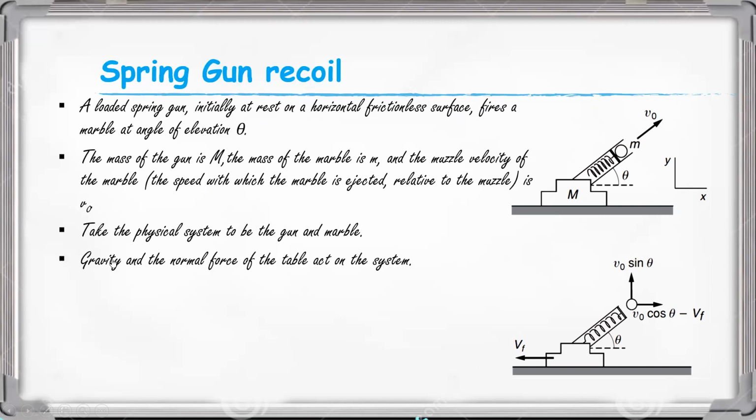The forces considered are gravity and the normal force of the table acting on the system. These external forces are both vertical, in the y direction.